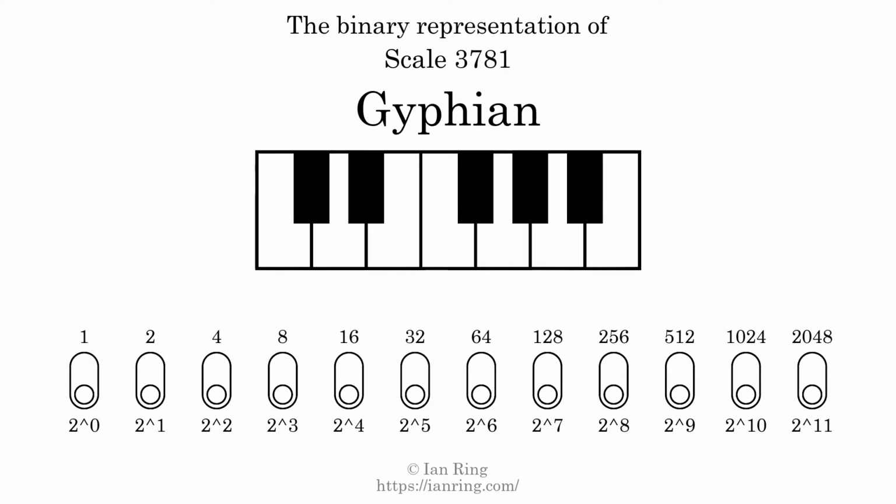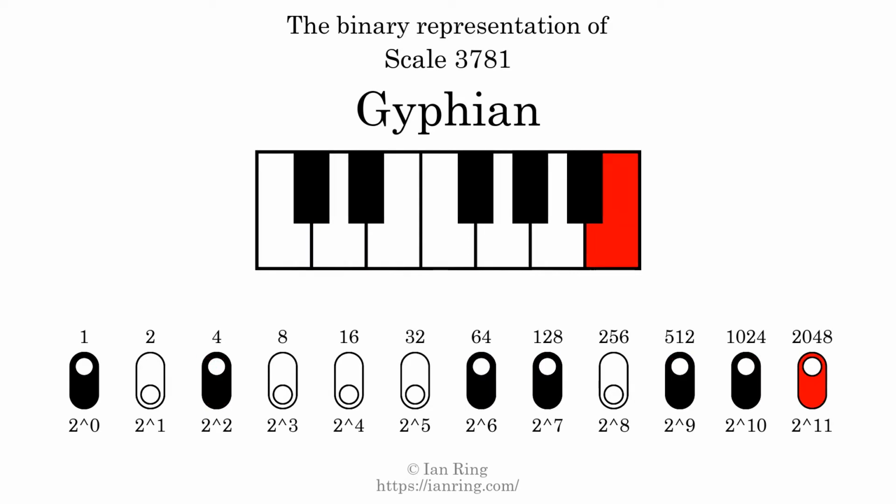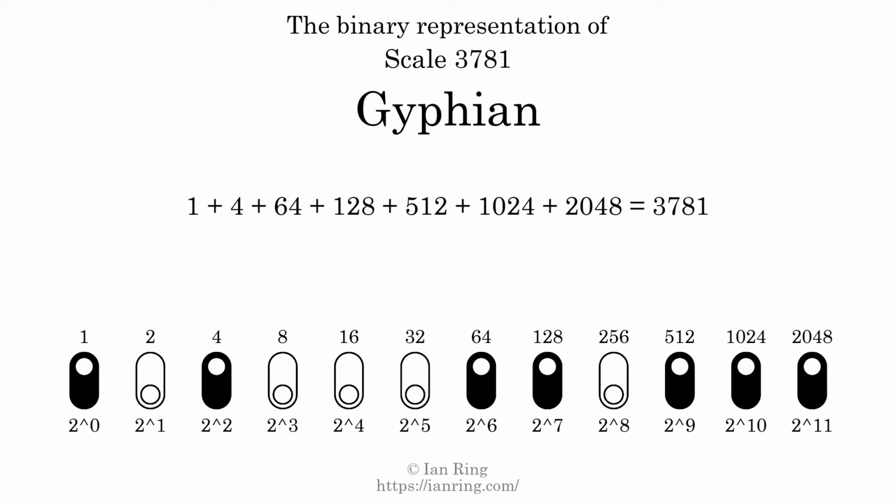The binary representation of this scale is determined by mapping tones of the scale to binary digits. Each binary digit represents a power of 2. To get the scale number, we add the powers of 2 together. The powers of 2 that are present in the scale, all added together, equals 3781.